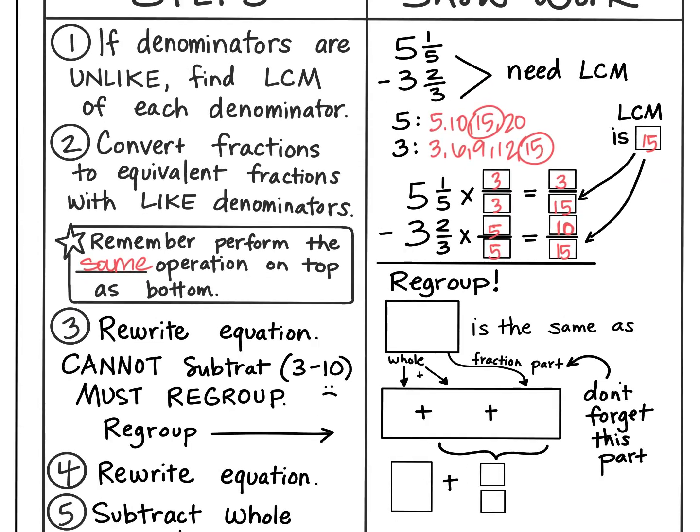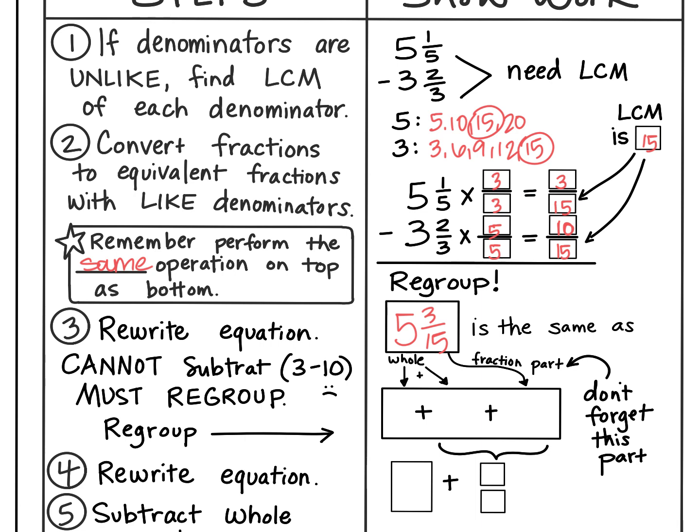We cannot subtract 3 minus 10. So we're going to regroup. So what that means is I'm going to have to borrow from the 5. Okay. So I have basically 5 3/15. I'm just taking what I have here, 5 and my new fraction, 3/15.